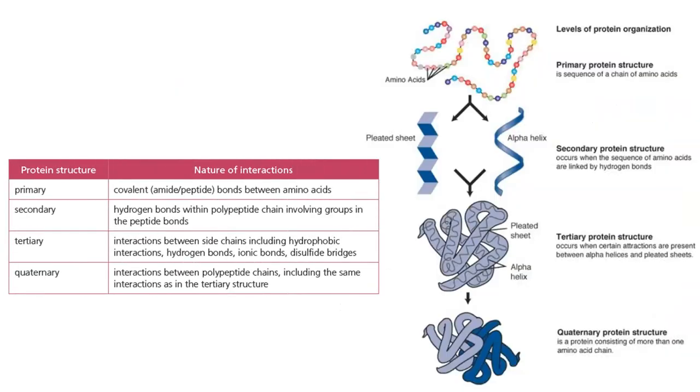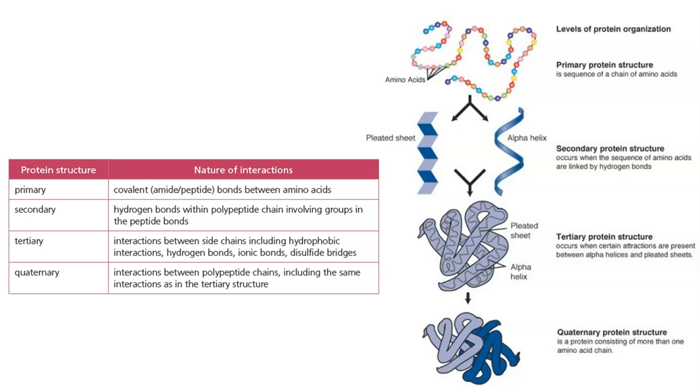So in summary, we need to be able to explain the different levels of protein organization, that being our primary structure, which is the sequence of amino acids held together by covalent bonds in the new peptide links formed from the condensation reaction. Secondary structure, which is the organization into alpha helices and beta pleated sheets stabilized by hydrogen bonds.